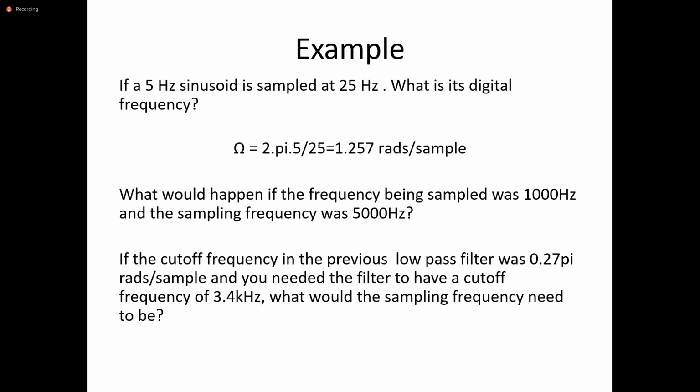Anyway, you could divide 3,400 by 0.27 and then multiply that by 2 to get your 2 pi. But that's a bit confusing. Best to just do it the way we had said, not converting to cycles per sample.